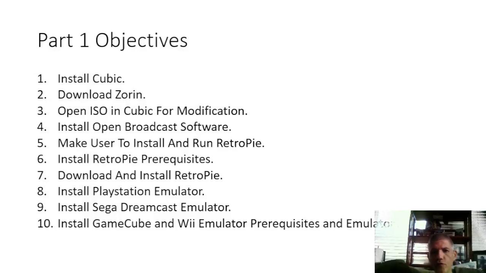We're going to make a user to install and run RetroPie because you cannot install RetroPie as root and expect the controllers and the program to work correctly. We're going to install the RetroPie software prerequisites.